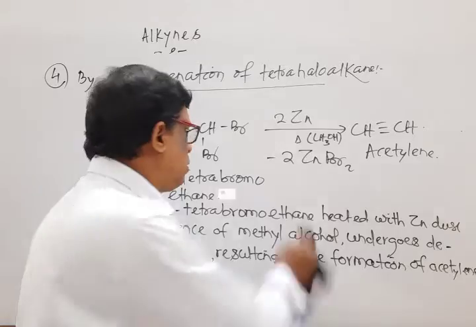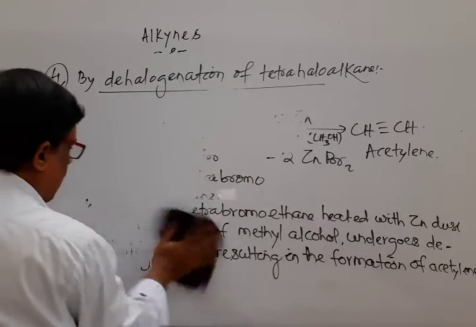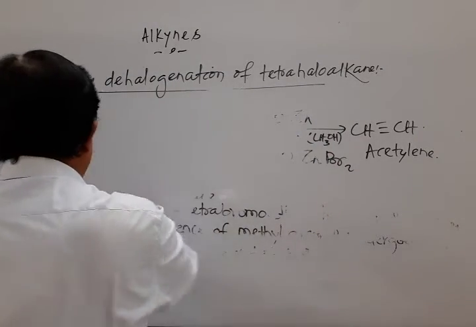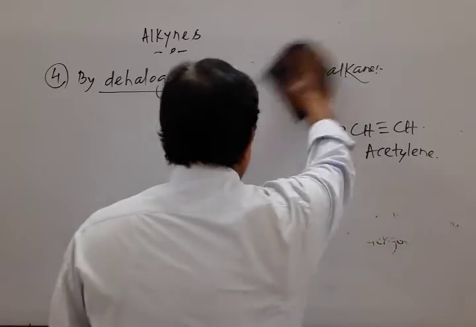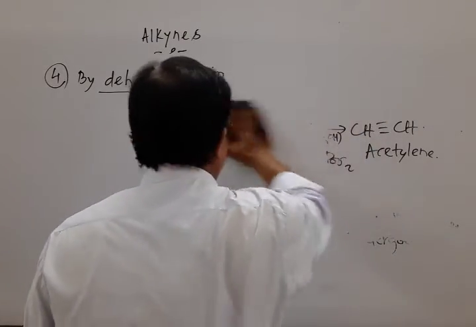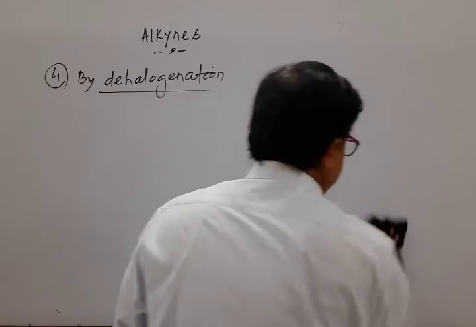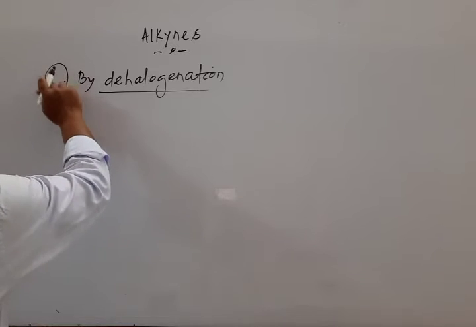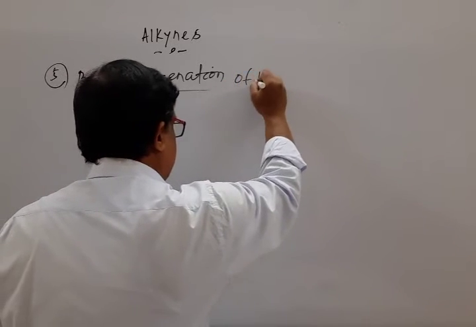Next, switch over to the fifth method of preparation, the last method, that is by dehalogenation of haloform. Note down the fifth method.